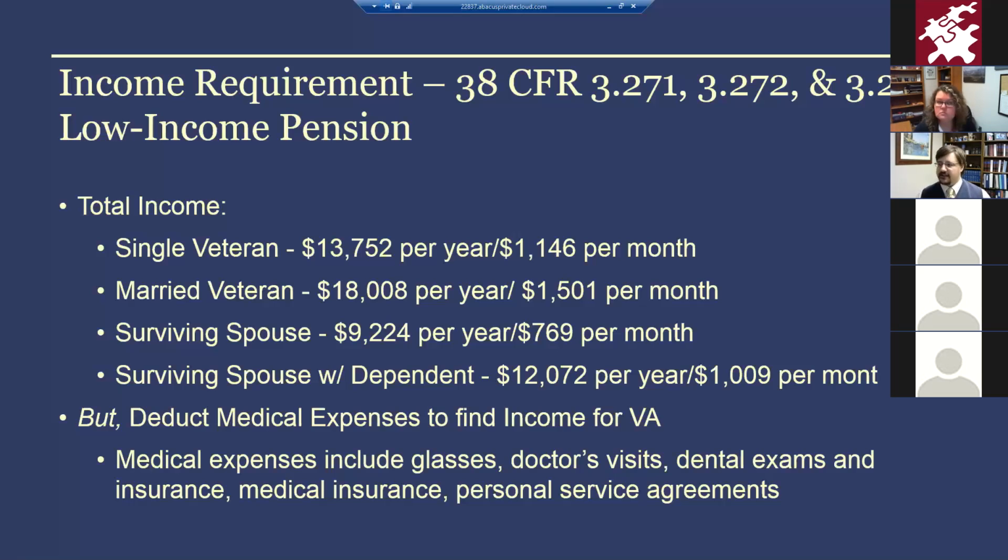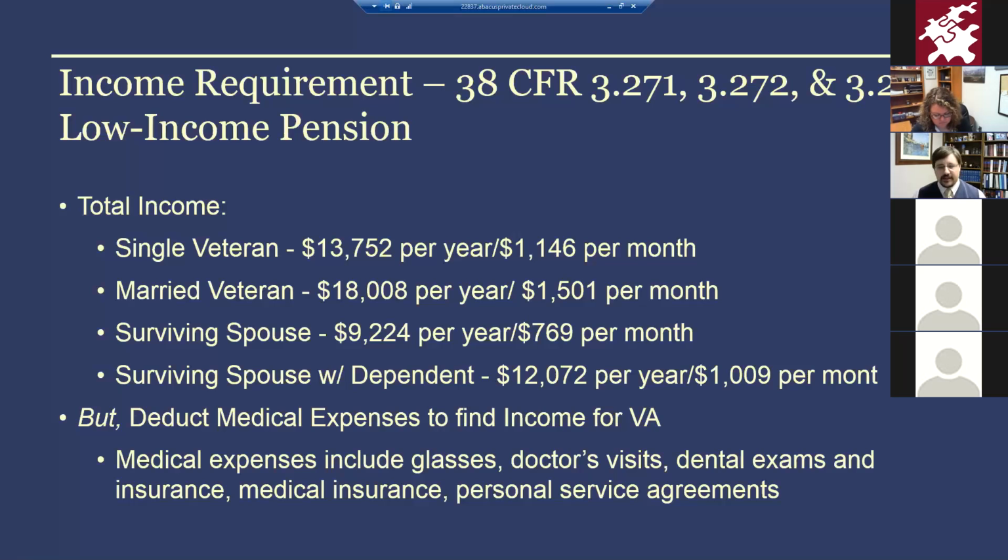And so if the veteran served during a wartime, if their assets or net worth without counting their house is less than about $129,000, and if they have income minus medical expenses that is less than, for a single veteran, $13,752, for a married veteran, $18,008, for a surviving spouse, $9,224, and for a surviving spouse with a dependent, $12,072 per year, then they're going to be eligible for VA low-income pension benefits.